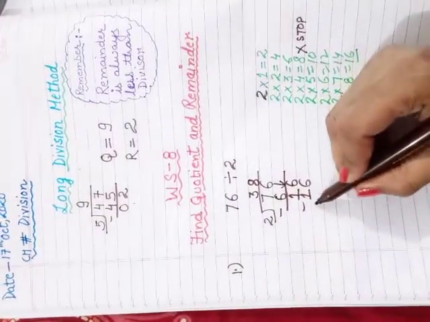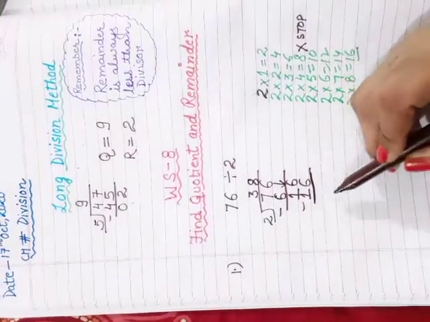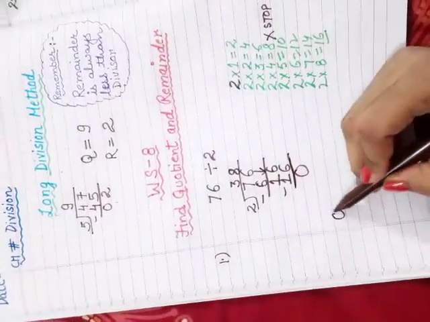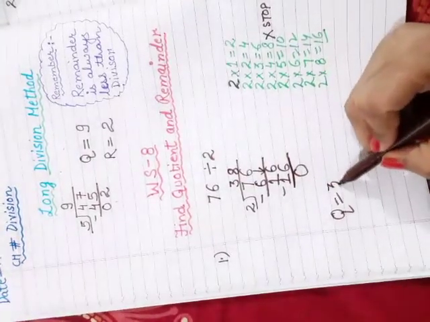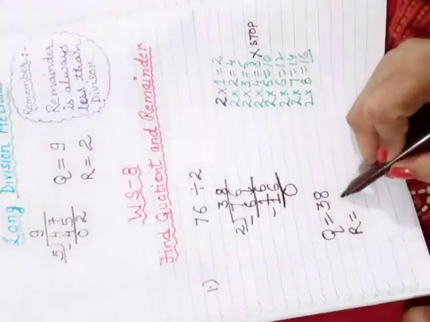Now again we will subtract. We will put this line here. 16 minus 16 is your 0. Now remember, dear children, your quotient is now a 2-digit number, that is your 38, and remainder is equal to 0.